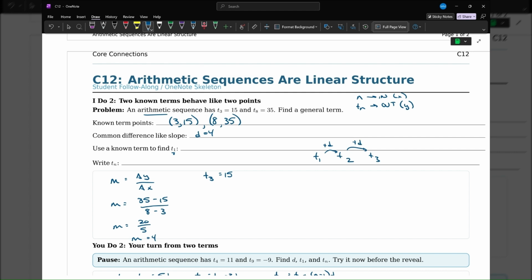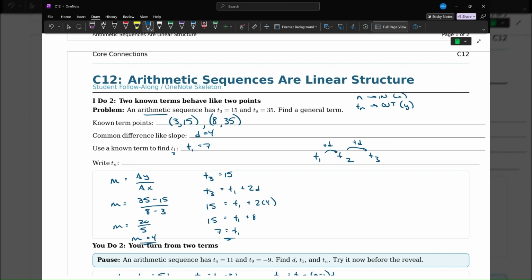So T3 is going to be T1 plus the difference twice. I know the difference is 4, and I know T3 is 15. So 15 is going to be T1 plus 2 times 4. 15 equals T1 plus 8. So T1 must have been 7.